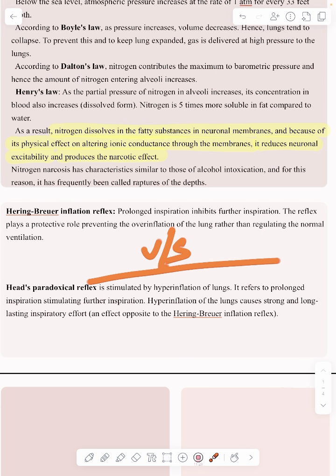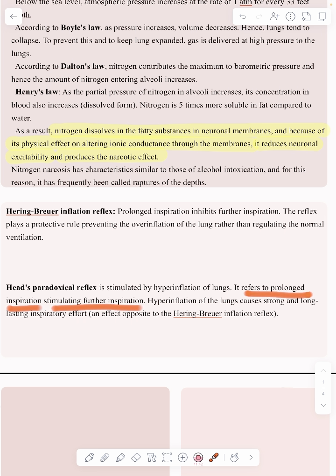Versus Head's paradoxical reflex, which is stimulated by hyperinflation of lungs. It refers to prolonged inspiration stimulating further inspiration. Hyperinflation of lungs causes strong and long-lasting inspiratory effort, an effect opposite to the Hering-Breuer inflation reflex.